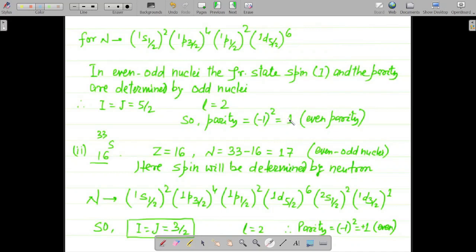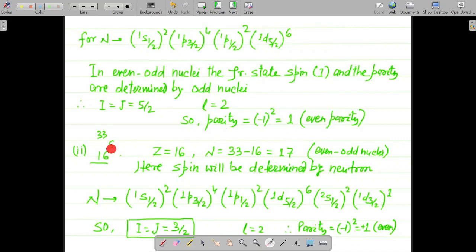Its value came out to be equal to 1, that's why it is even parity. Sorry for the mistake. Its parity came out to be 1, that's why we call it even parity, because whether you call the parity positive, plus 1, or even, all of them mean the same thing.